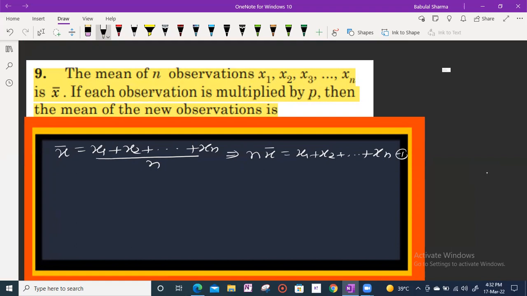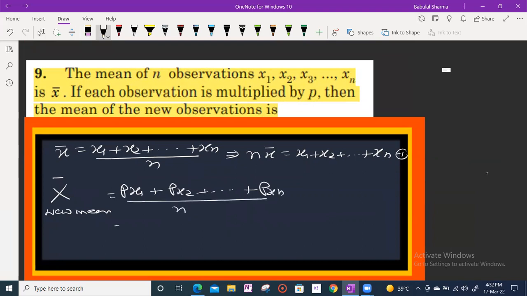Now in the question it is given, if each observation is multiplied by p, so the new mean I am taking here by capital X, that is new mean. हर एक ऑब्जर्वेशन को हम p से मल्टीप्लाई करेंगे, तो देखिए this is px1, that is px2, and similarly the last observation will be pxn, but the number of observations are still n.